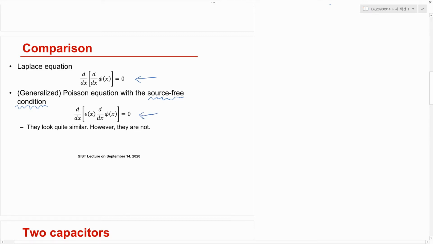When we make a comparison between them, we can easily recognize that this position dependent term introduces a big difference in the Poisson equation. So how can you treat it?